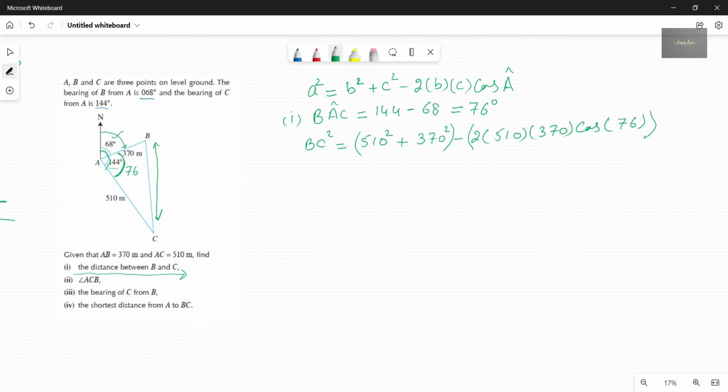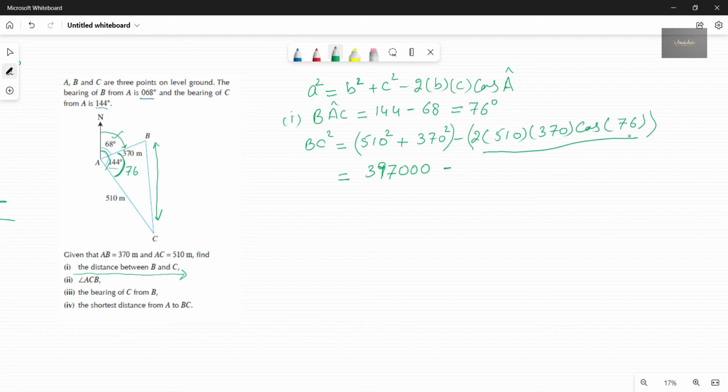So right now my answer of the first bracket is 396000. And then similarly I will type this whole expression on the calculator. It's 2 into 510 into 370 into cos 76.